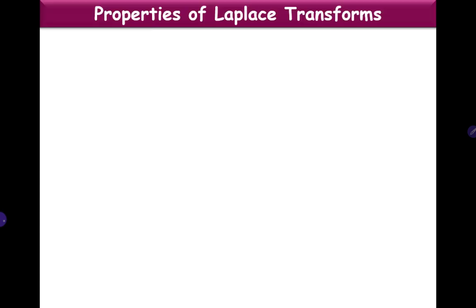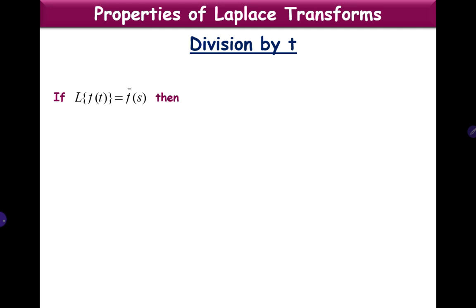In the last lecture, we derived a property of Laplace transform called division by t, which states that L of f of t by t is equal to the integral from s to infinity of L of f of t ds.